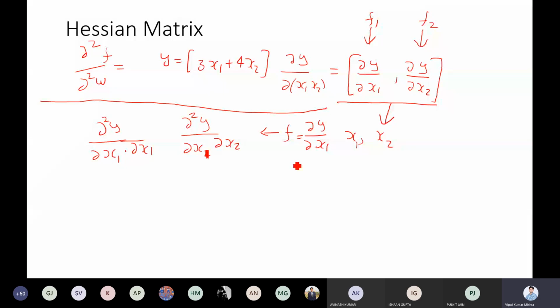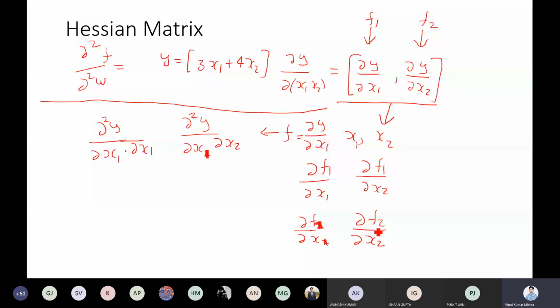Then it will become a Hessian matrix. So here, let me say del f1 with respect to del x1 and del f1 with respect to del x2. Here we have del f2 with respect to del x1 and del f2 with respect to del x2.